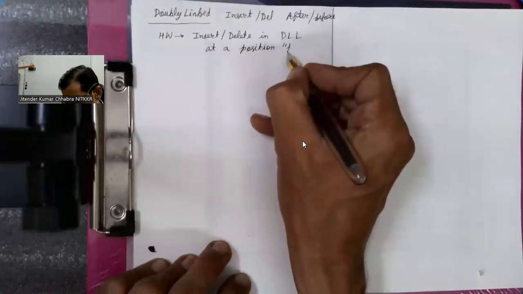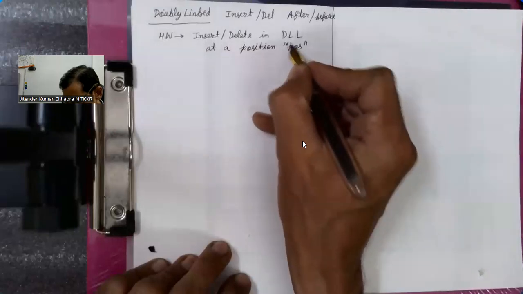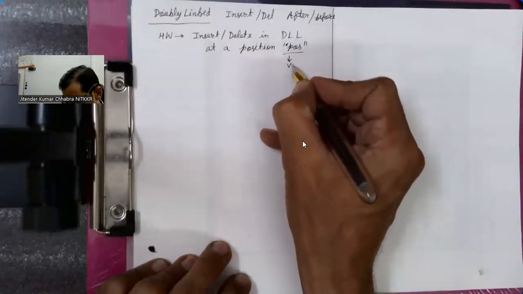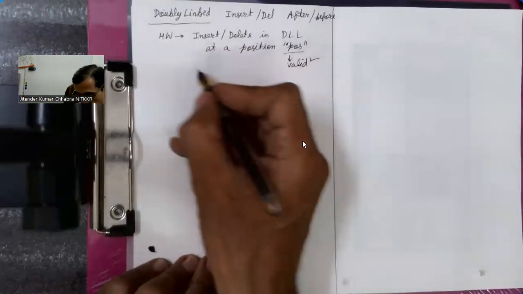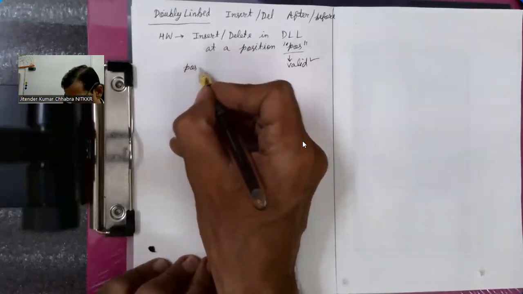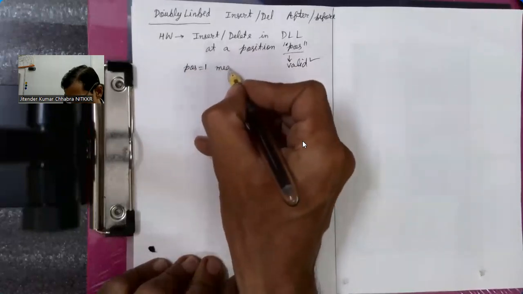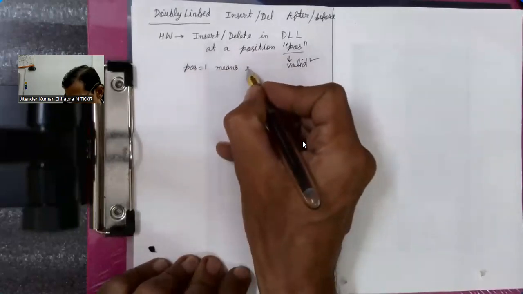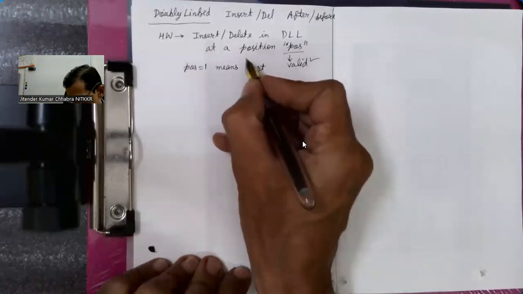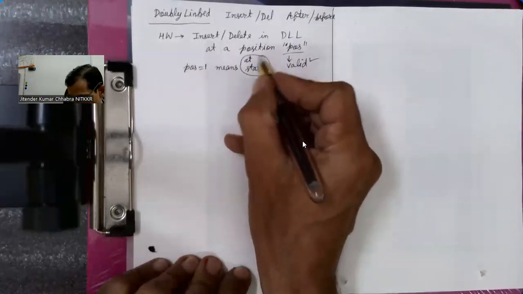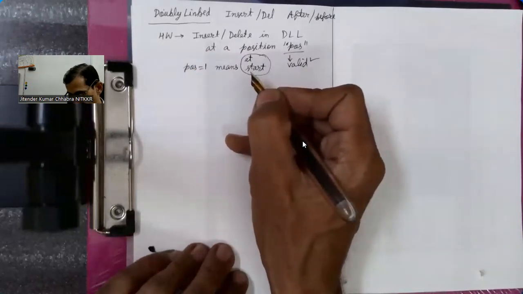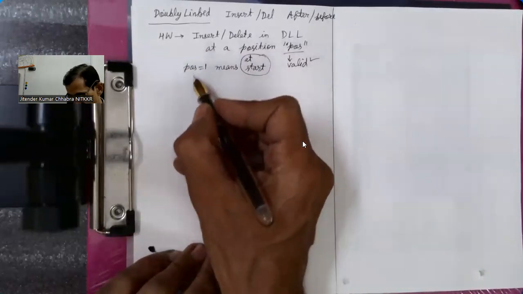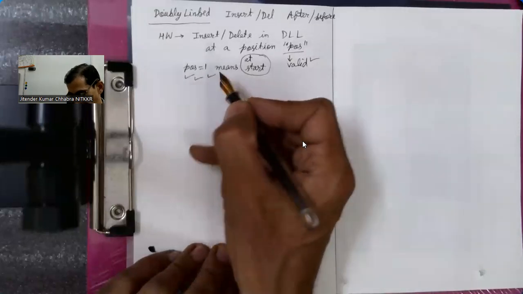For simplicity, you can assume POS to be always valid and then try to implement this, but it could mean position as 1 also. So position equal to 1 means insertion at the starting position. So deletion at the start or insertion at the start will mean the start pointer changing, that also you have to handle, and other cases also you have to handle.